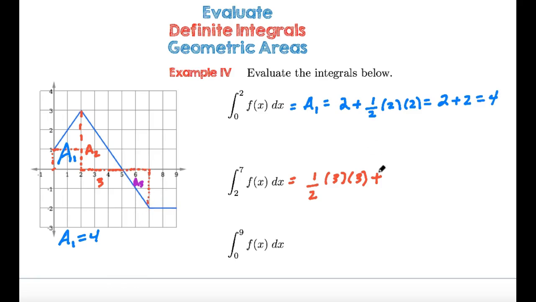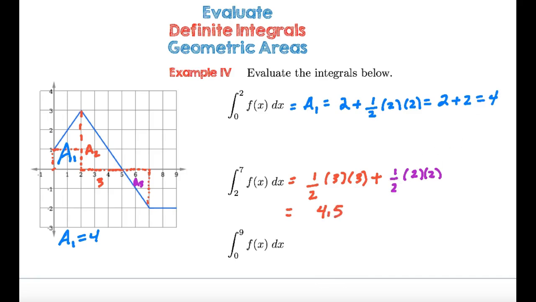So we still do the 1/2, with a base of 2 and height of 2, so it's going to be 2 times 2. You got to be really careful here, and I'm going to simplify this, and you get 9/2, which is 4.5.